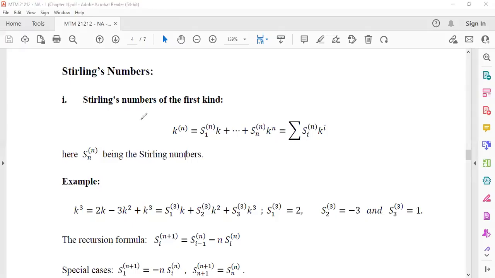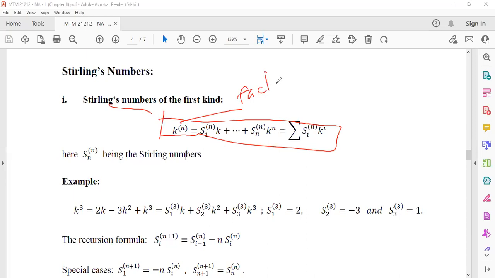Okay. So under the Stirling numbers, as we know, this is our factorial polynomial.